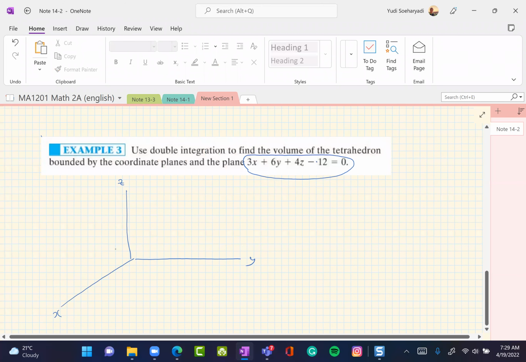Let's see the intersection with the x-axis. On the x-axis, y is 0 and z is 0.